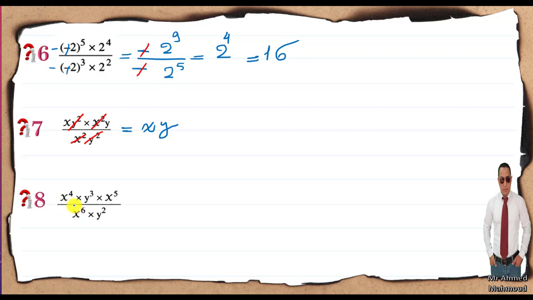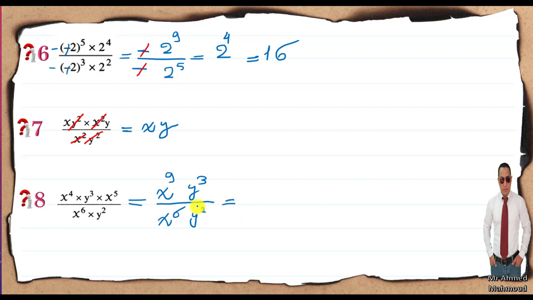Number 8. Also, if I have like factors, I'm going to cancel them together, but I don't have them. I have x to the power of 4, x to the power of 6, x to the power of 5, y to the power of 3, y to the power of 2. I don't have like factors, so I'm going to collect the powers of x and the powers of y. Here x to the power of 4 and x to the power of 5 gives 9, and I have y to the power of 3. Down I have x to the power of 6 and y to the power of 2.